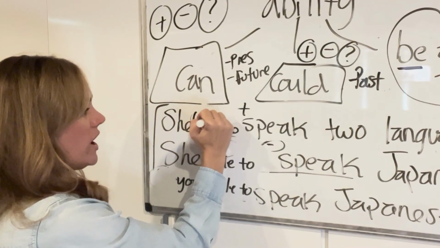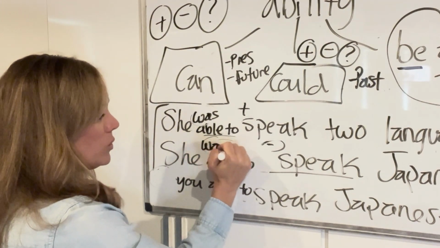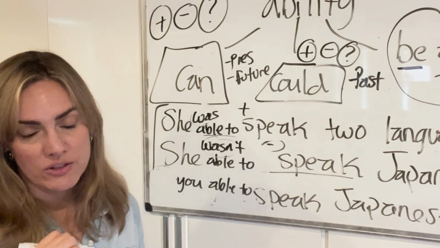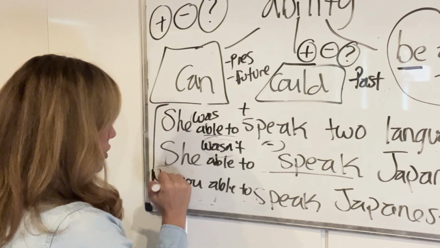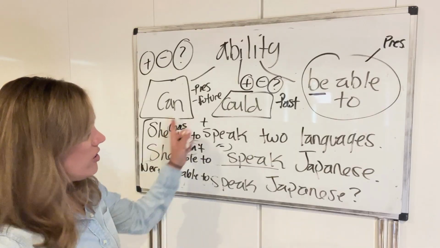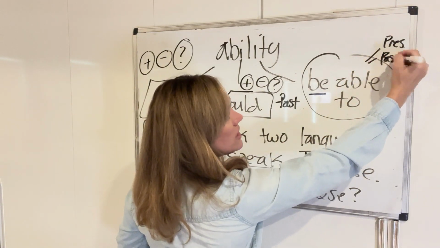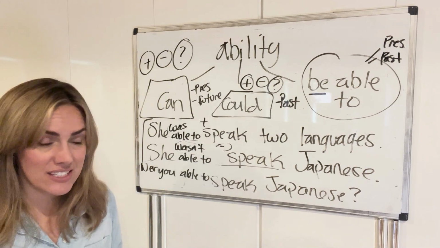She was able to speak 2 languages. She wasn't able to speak 2 languages. Were you able to speak 2 languages when you were a child? All of this now is past, okay?